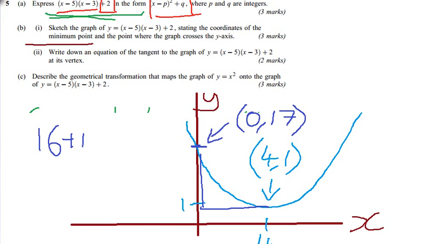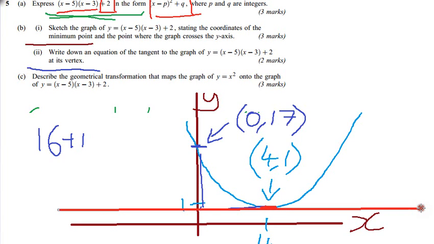Great. So the next one, write down the equation of the tangent at its vertex. This point down here, that is the vertex. The vertex is the place where it changes direction. So the tangent to the vertex is going to be this long line across, something like that. It's just this flat line.